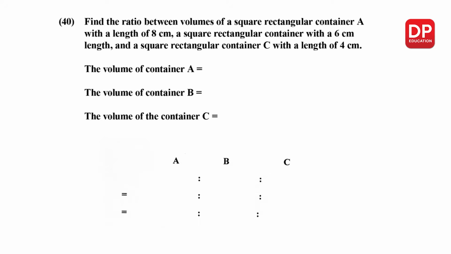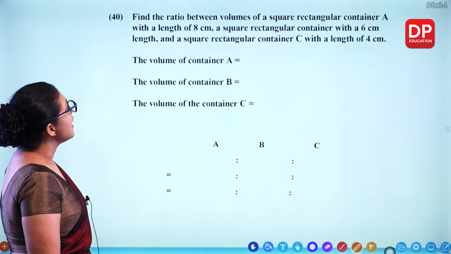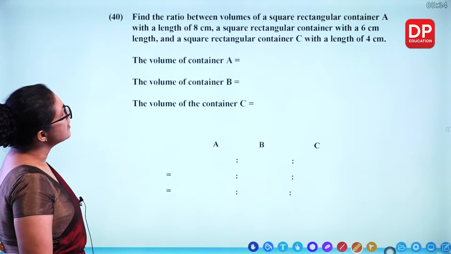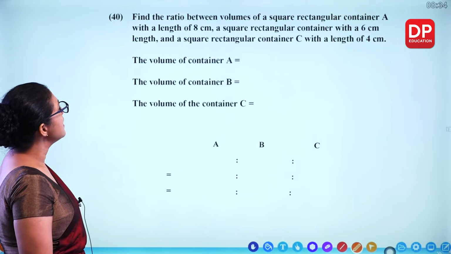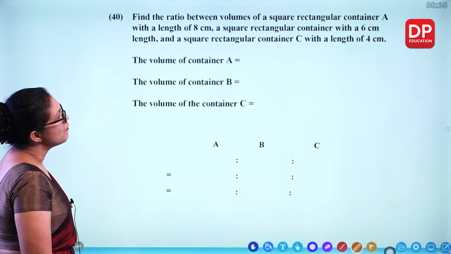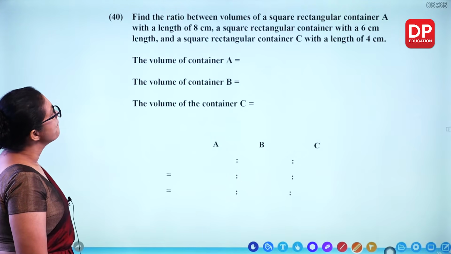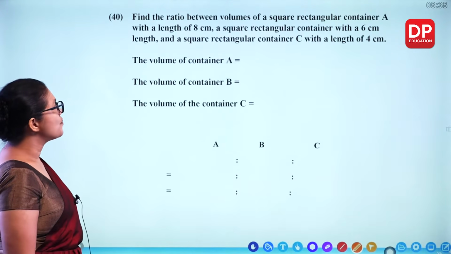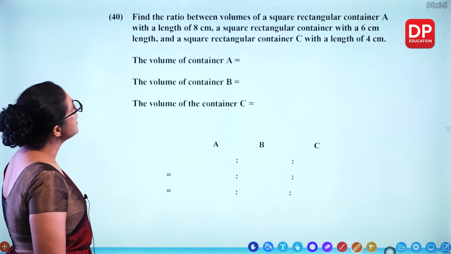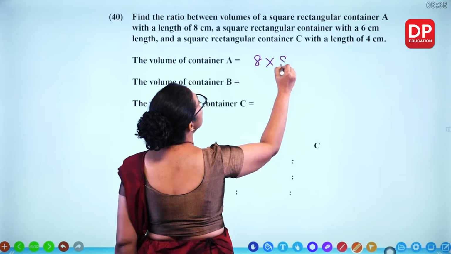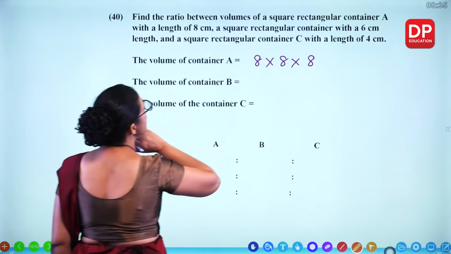Find the ratio between volumes of a square rectangular container A with length 8 and a square rectangular container B with 6 centimeter length and a square rectangular container C with length 4 centimeter. So that's cubes. Square rectangular means cubes. The volume of container A, length is 8, width is 8 and height is 8.